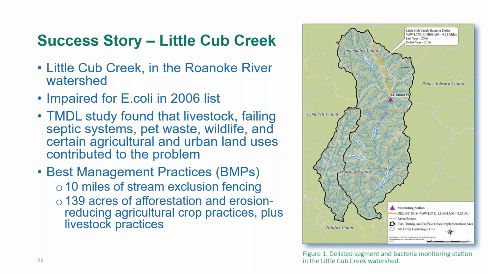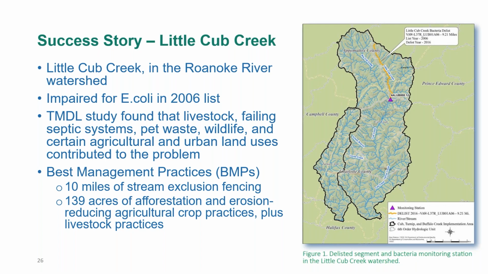Best management practices, or BMPs, were installed to address the E. coli impairment, such as 10 miles of stream exclusion fencing to keep livestock out of the creek, 139 acres of afforestation, basically converting land back to forested condition, and erosion-reducing agricultural crop practices and livestock practices.